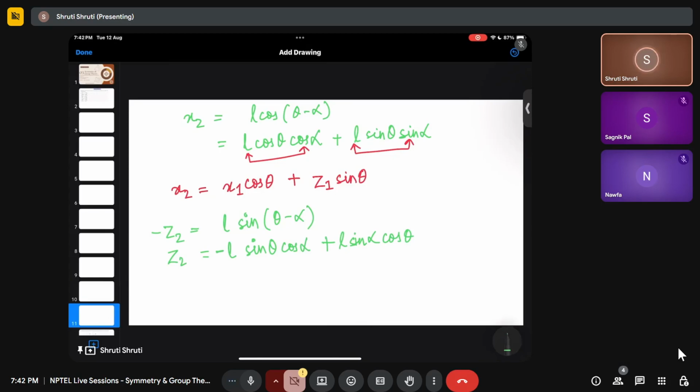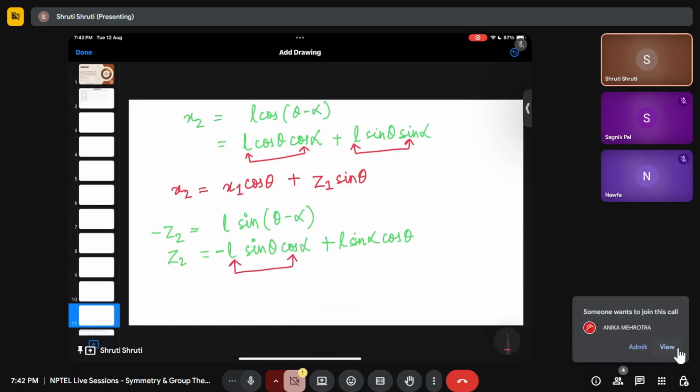Again, L cos alpha is x1, L sin alpha is z1.